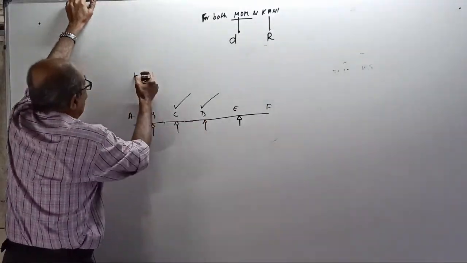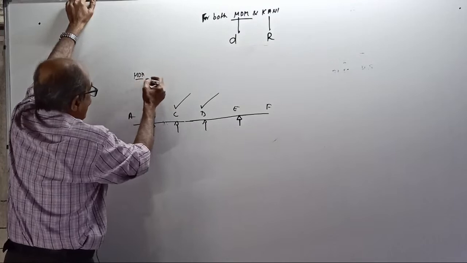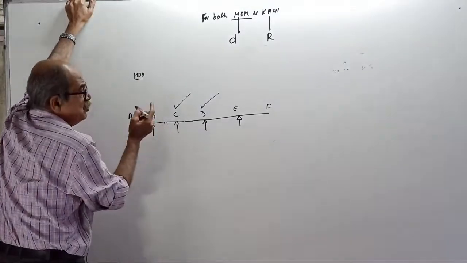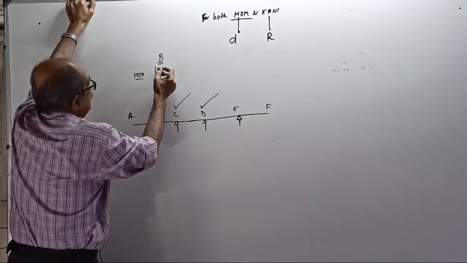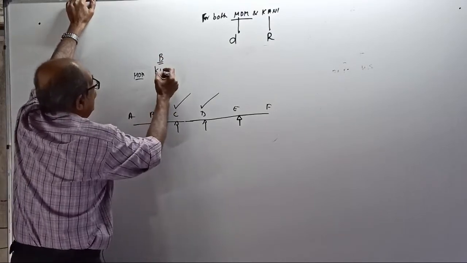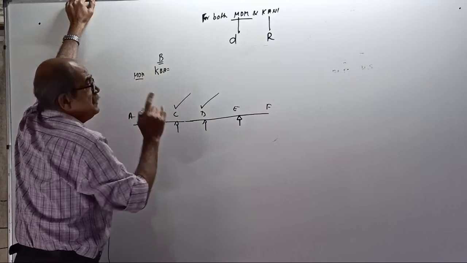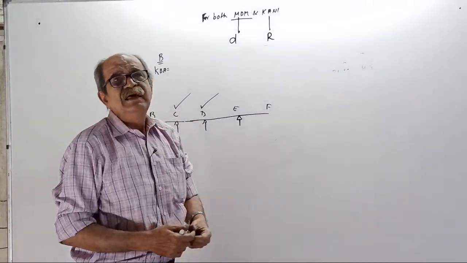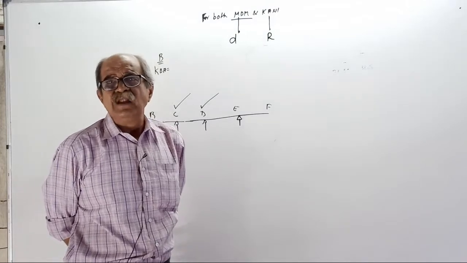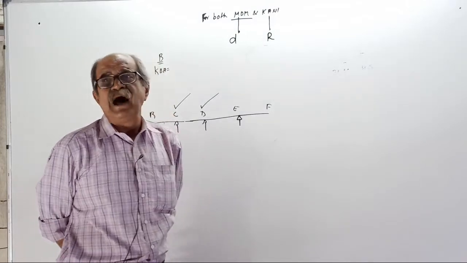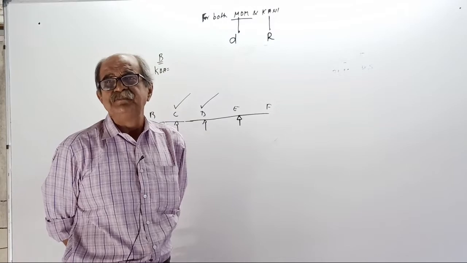But this is only for moment distribution method. At the overhanging support, suppose you come to B. Tell me, stiffness of BA, how much? Stiffness is 4EI by L or 3EI by L. Relative stiffness equal to I by L or 3/4 I by L. That is when the far end is fixed or hinge or simple support.